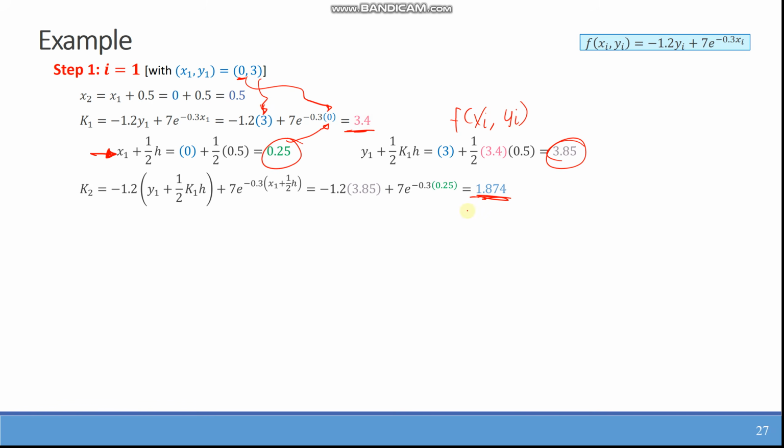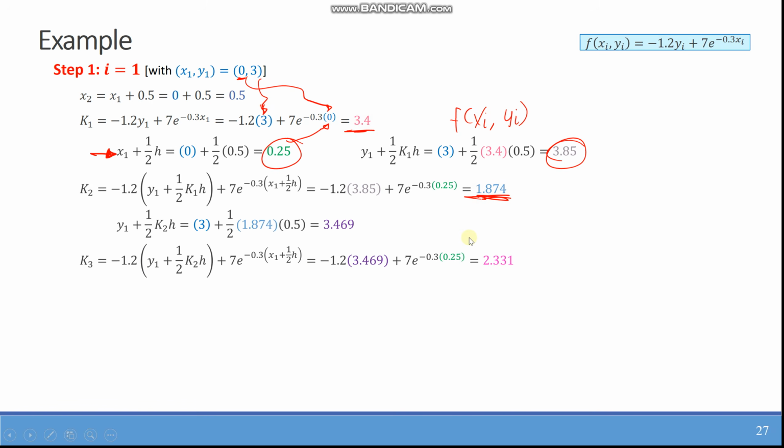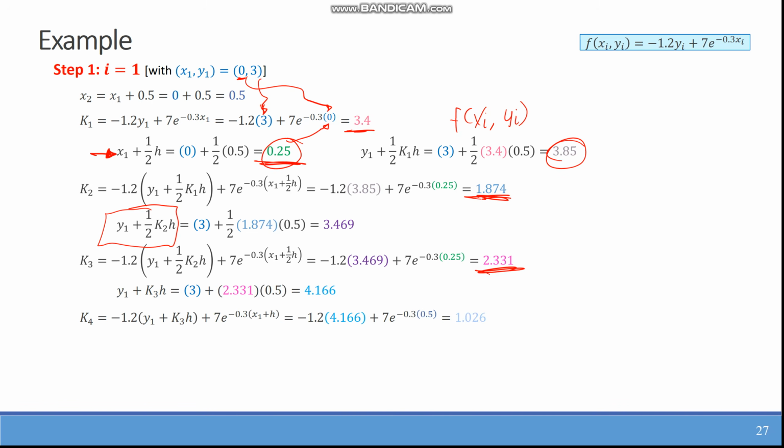So this is the k1, this is the k2. And then for k3, we do the same, because for k3 the x part is just the same, similar. And then we have our k3 factor. And lastly, for k4, we just substitute all of this in the equation.